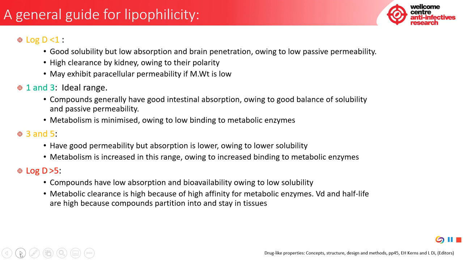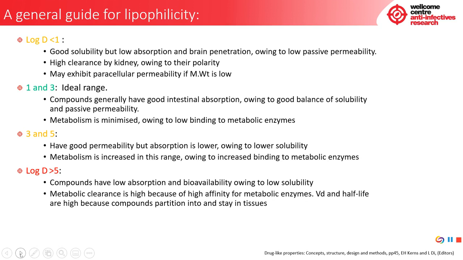Compounds which have a lipophilicity of between 3 and 5 can have good permeability but poor or lower absorption owing to lower solubility. Metabolism can be increased in this range owing to increased binding to metabolic enzymes.